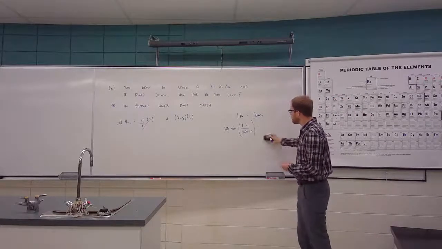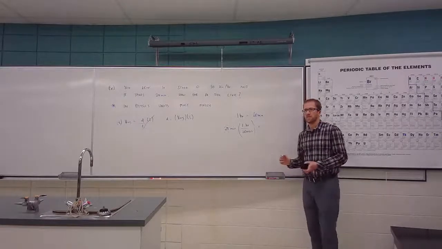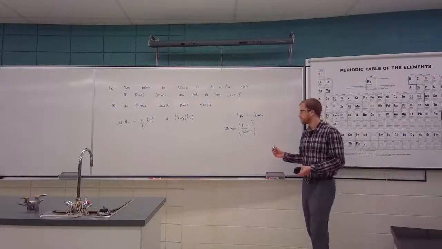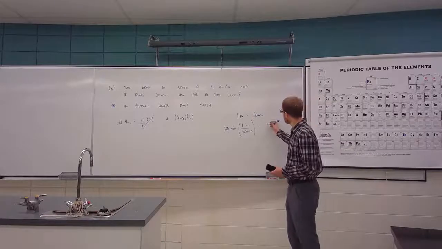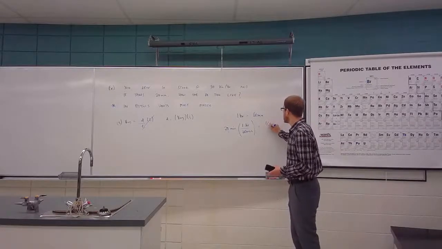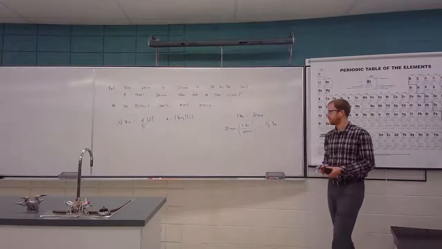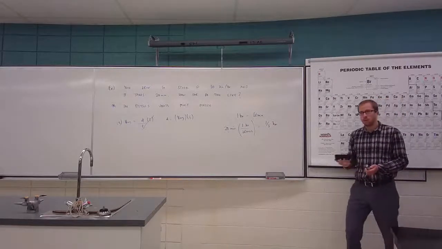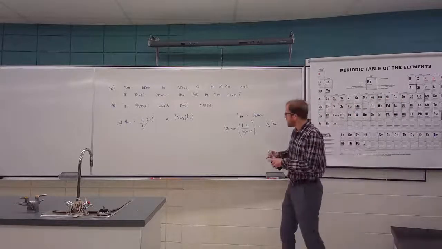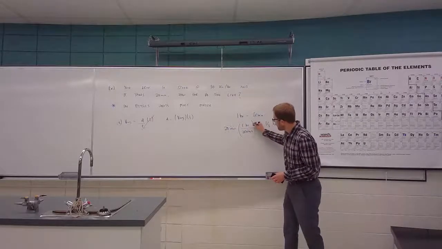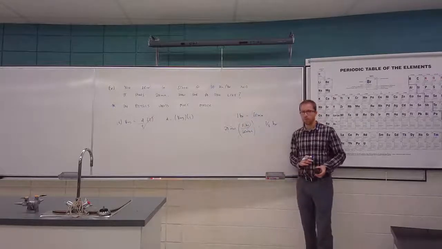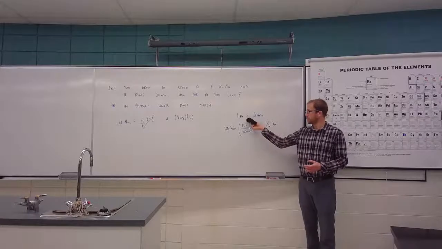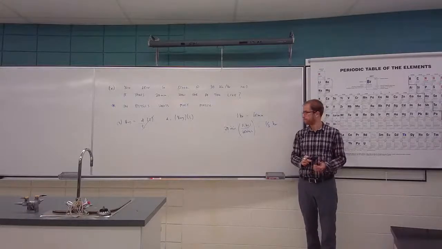So what is 20 divided by 60? 1/3, 0.333. That's a third of an hour. Does everyone follow? Does that make sense? We always want to cancel out our units and be left with the ones we want. That's how we're going to utilize conversion factors in this course.